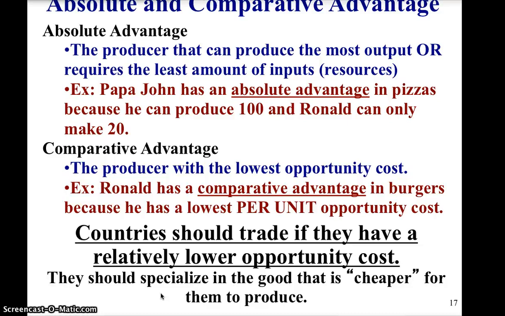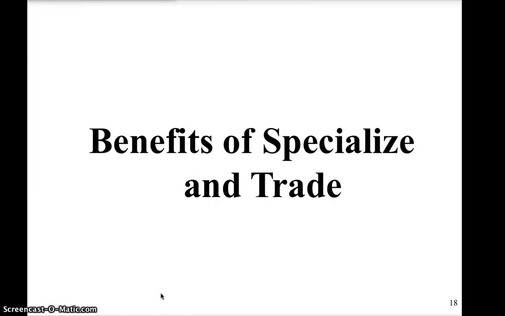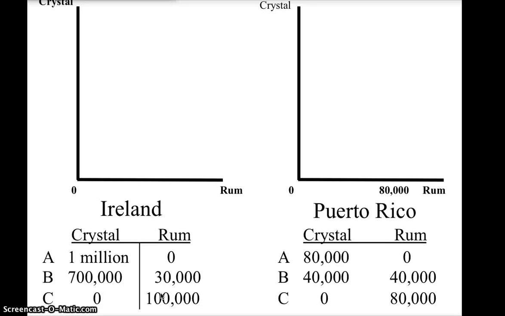They should specialize in that good that is cheaper for them to produce. Okay? So moving forward, the benefits of specializing and trading. So let's take a look at 2 production possibilities curves, which you've now been exposed to, and we're looking at 2 countries producing Cristal and rum. Okay?